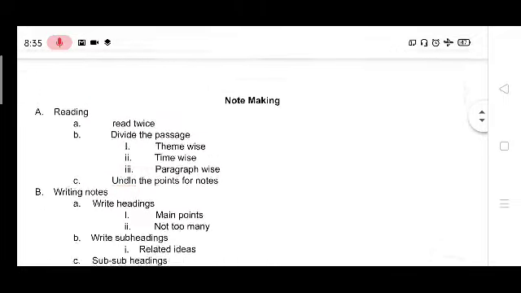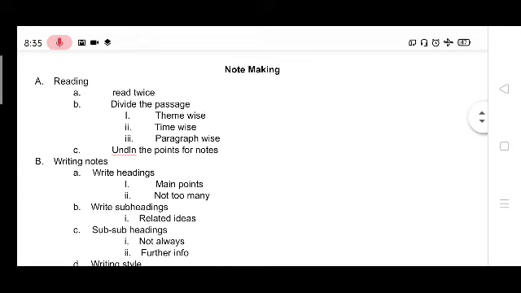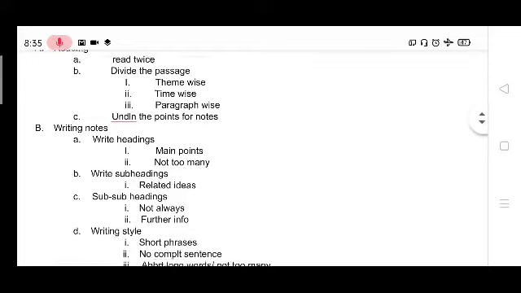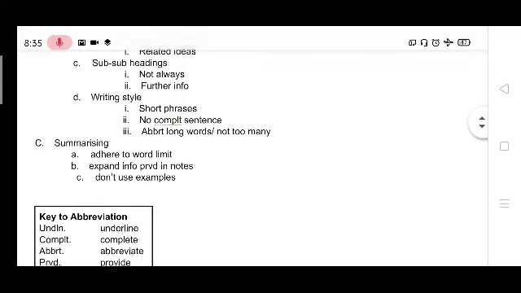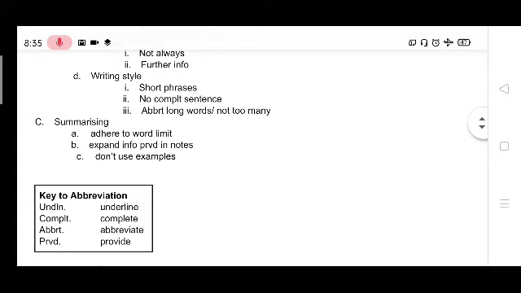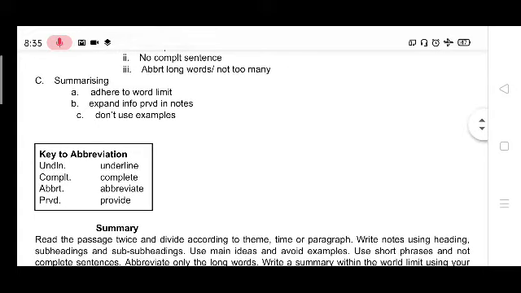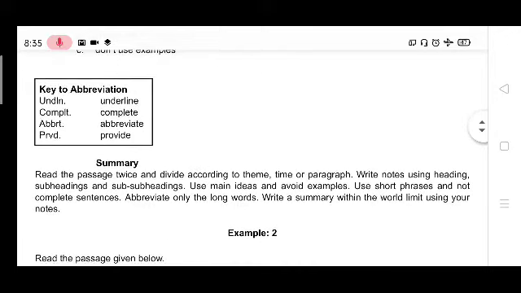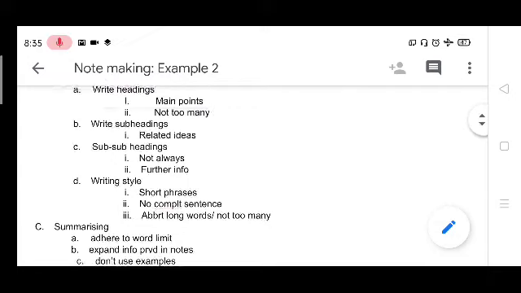Small a, b, c, these are the subheadings, and Roman numbers 1, 2, 3, these are the subheadings. In these notes based on revision, I have also used the abbreviation, and the key to abbreviation is provided, and a summary is also written of the procedure of writing notes.